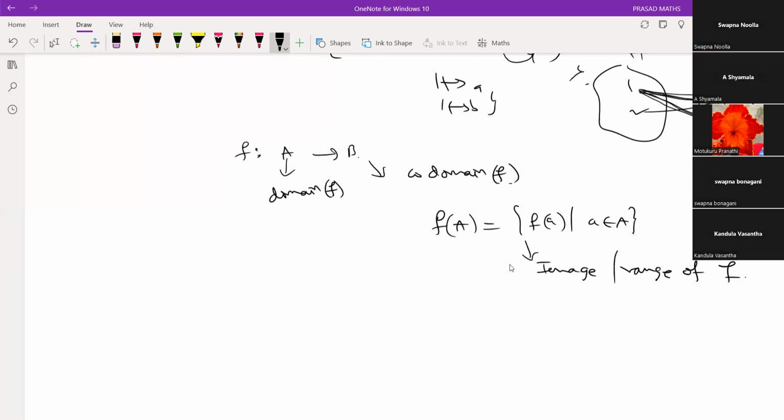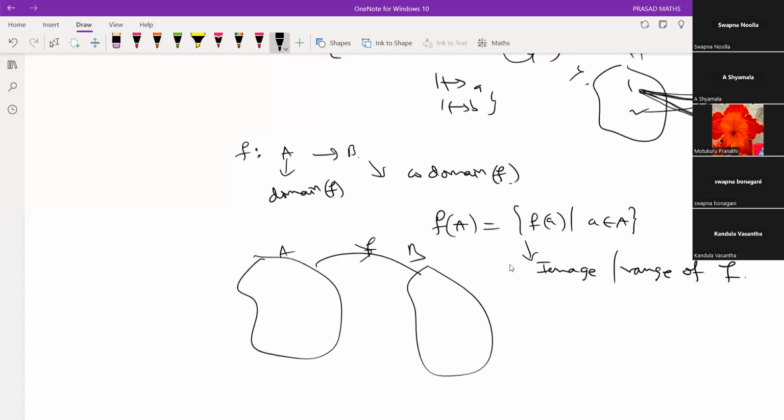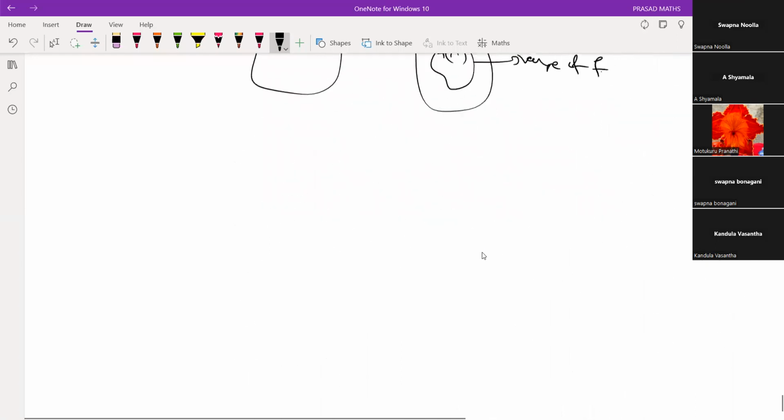So domain of the function, codomain of the function, range of the function. Domain is A itself, codomain is B itself. This is my A, this is my B. Whenever F is a function, A is the domain. This is my F of A, this is the range. B is the codomain. A is the domain of the function.